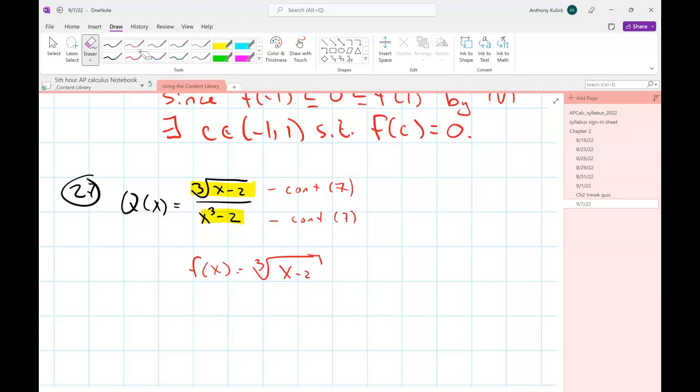I'm just struggling to come up with the composition here that it needs. Let's see what the answers, what they did.